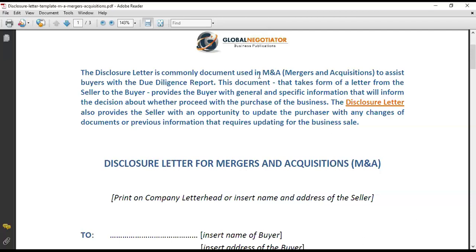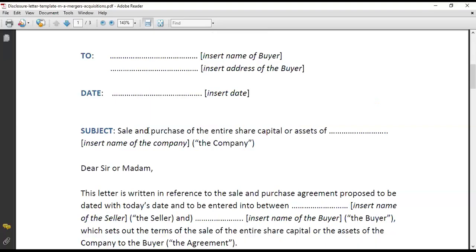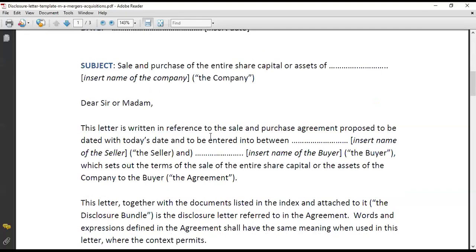Yeah, you put the date, then the subject: sale and purchase of the entire share capital and assets of Mabati. So Mwalimu, in this question, they are merging. No one is acquiring the other.